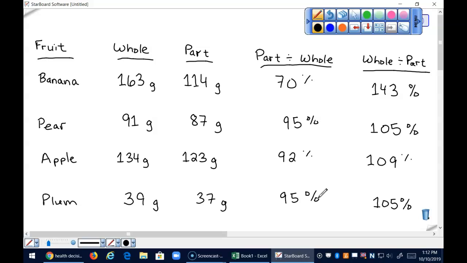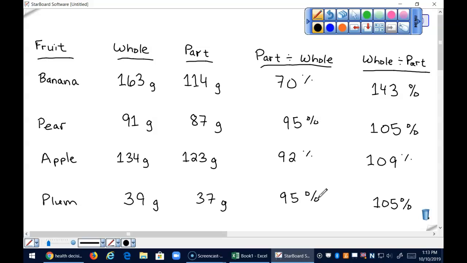Second, these two columns are both great. This one answers one question. I went to the store, I bought a banana, how much of the banana makes it into my banana bread? 70% does. This column is also great. It answers a different question.